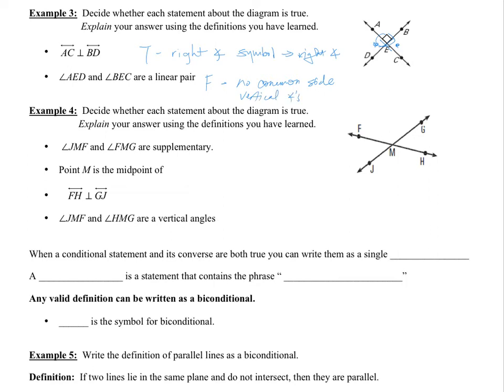Example 4. Decide whether each statement about the diagram is true and explain why. Angle JMF and angle FMG are supplementary. I would say this is true because they're linear pairs.